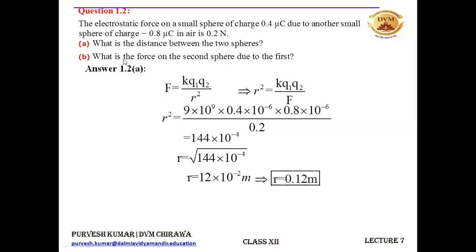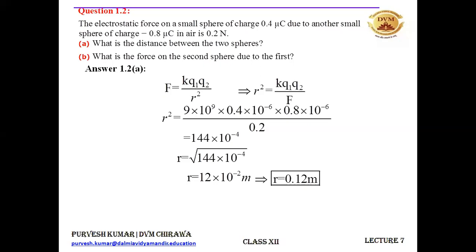Now, the second part of the problem: what is the force on the second sphere due to the first one? We know that Coulomb's law obeys Newton's third law of motion, that is, every action has an equal and opposite reaction. So the force on one charge due to the other charge is equal and opposite to the force on the second charge due to the first charge.